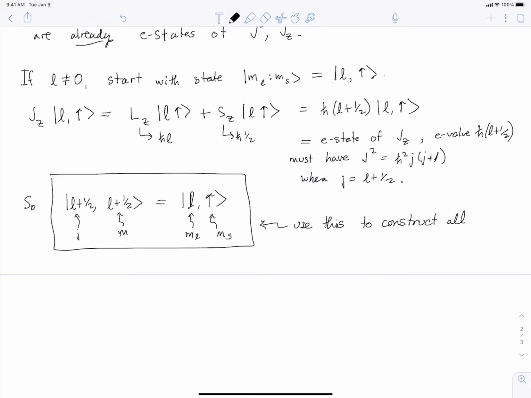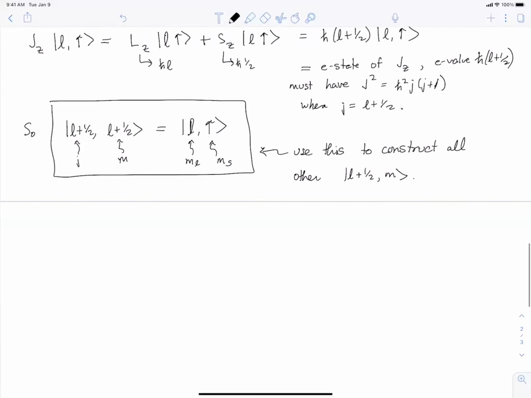So in particular, we're going to start with all other states of the form |L plus 1/2, M>. And so the strategy is to apply the operator J minus many times. Each time we do it, it will lower the value of M by 1 unit.